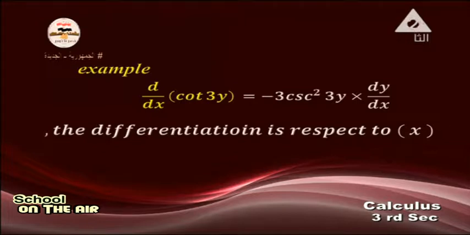The derivative of cot 3y is negative cosec^2 3y, and the derivative of the angle 3y with respect to x is 3 dy/dx. We can write the derivative in the simplest form: negative 3 cosec^2 3y multiplied by dy/dx.